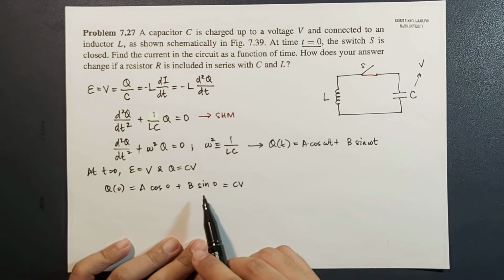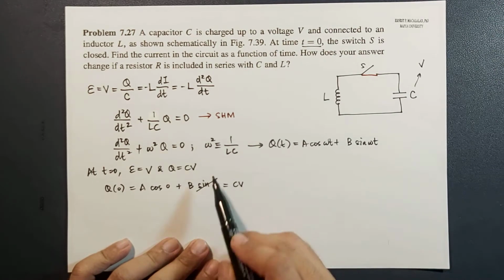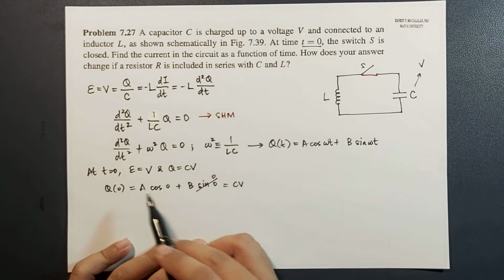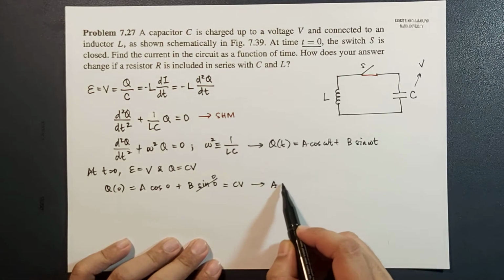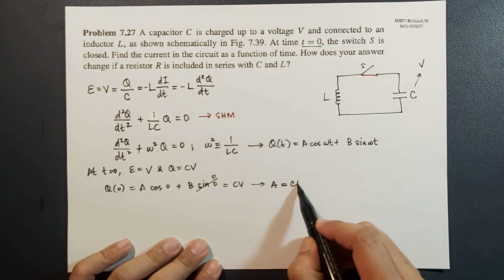Because sine 0 is 0, A is now equal to CV.